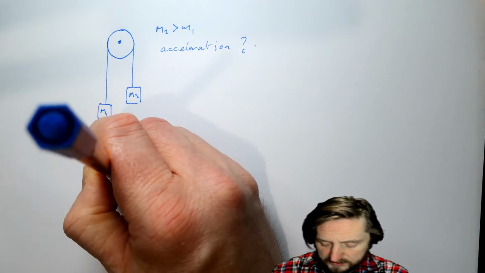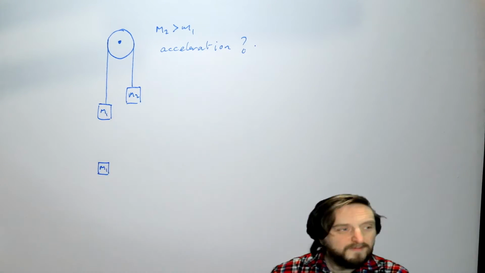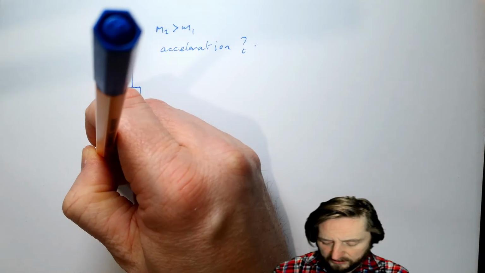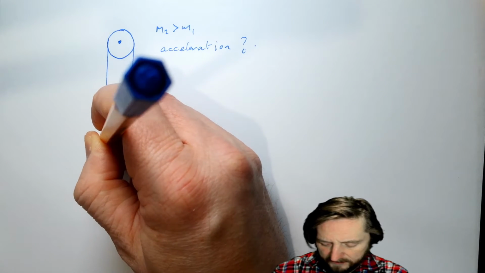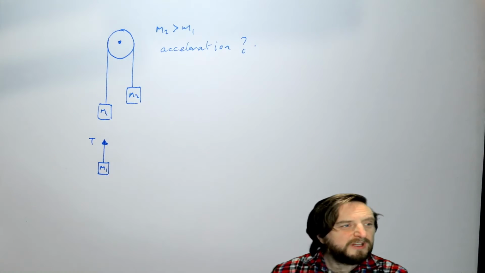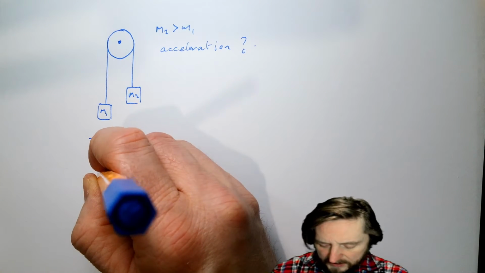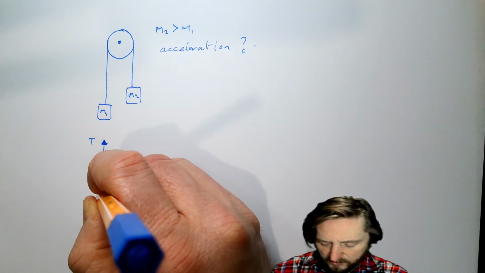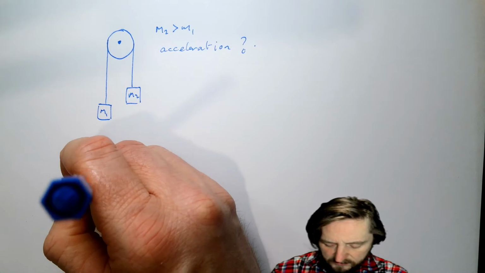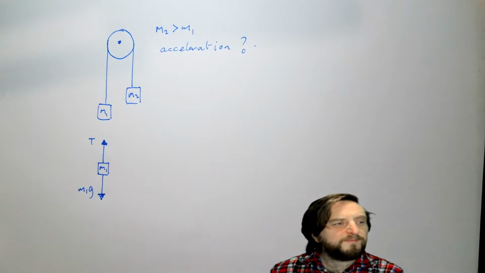M1's free body diagram would look like this. It would have tension in the rope pointing up, and its own weight pointing down, M1g.